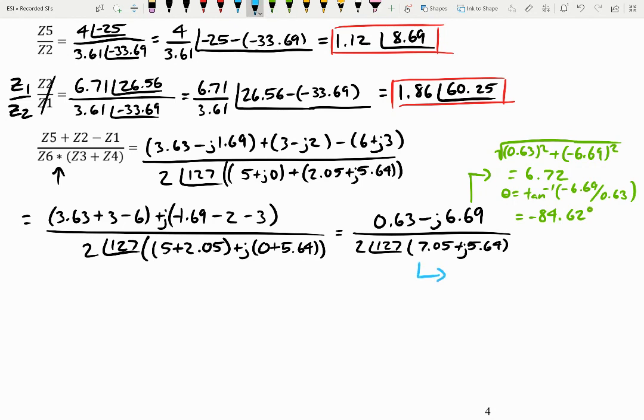Now I'm going to take this part here in blue: 7.05 squared plus 5.64 squared.